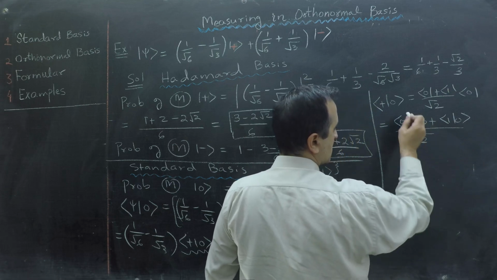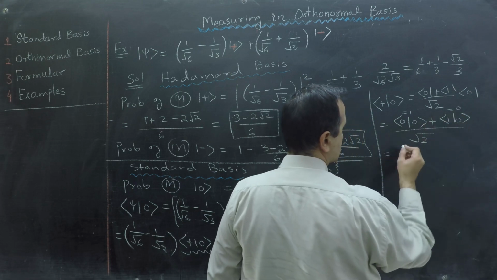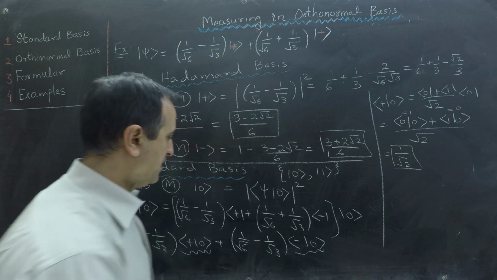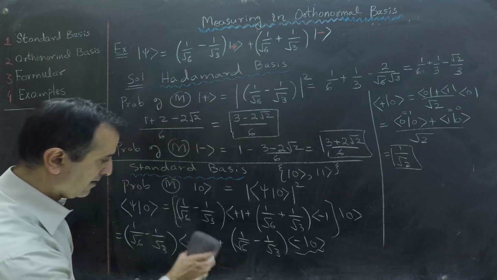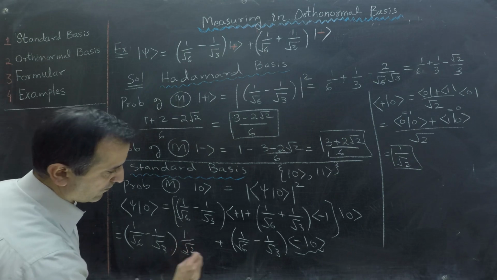This term is equal to 1, this term is equal to 0, so my final answer will be 1 over square root of 2. So I replace this by 1 over square root of 2.